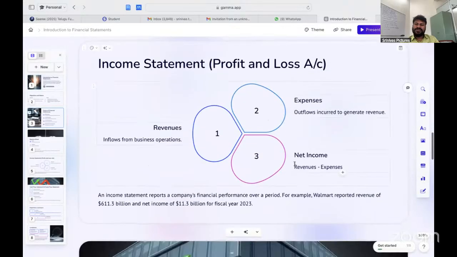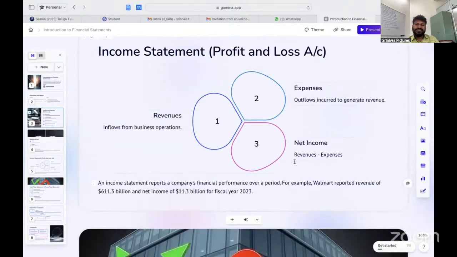And the income statement. Generally, the income statement consists of revenue nature items only: revenue expenditures and revenue incomes. Revenues talk about inflows from business operations. Whatever amount we receive from outside into the business is called revenue inflows.